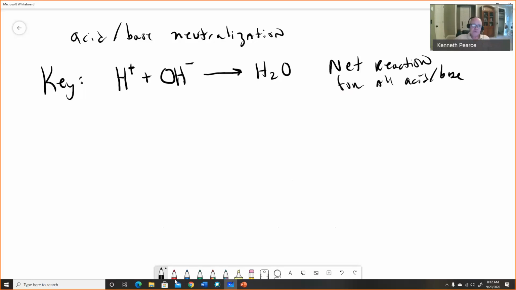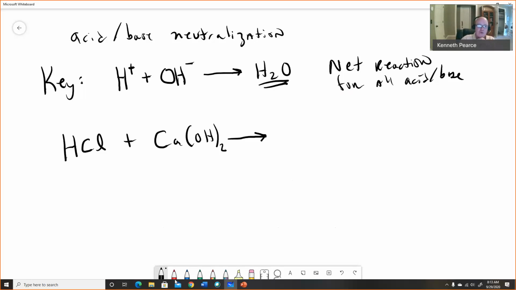Now, balancing acid-base neutralization reactions is actually pretty straightforward if you look at it this way, which is you have HCl plus, let's say, calcium hydroxide, and I want to know what happens. Well, the product of all acid-base neutralization reactions is going to be water plus its salt.